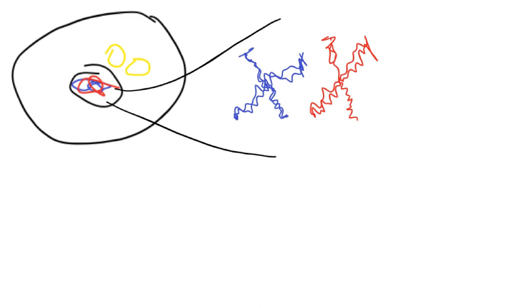And each of these pairs is called a sister chromatid. I'm going to make it a bit easier on you guys. Each of these is a sister chromatid.